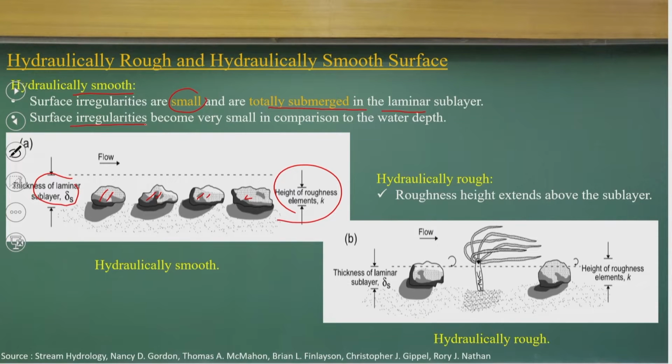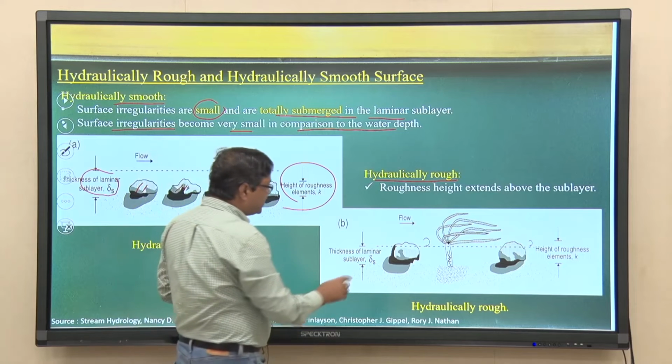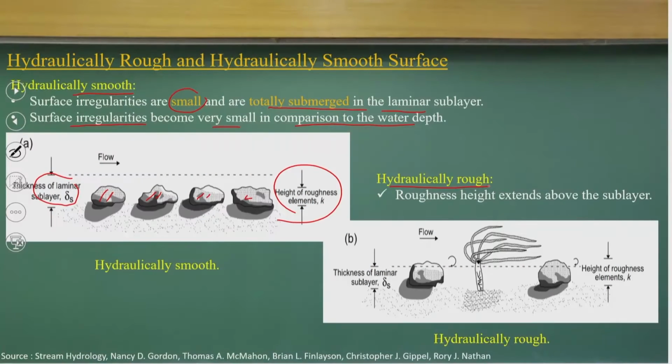Surface irregularities become very small in comparison to water depth. But in cases which so often happen in river flow, we have hydraulically rough conditions. That means the roughness height is more than the thickness of the laminar sublayer.